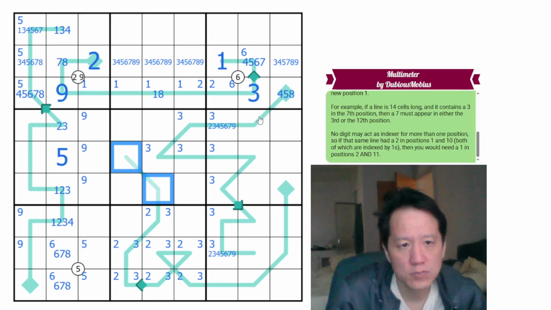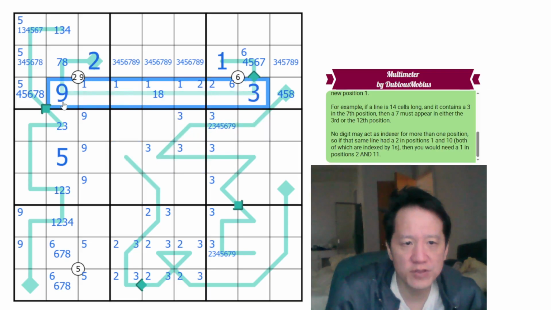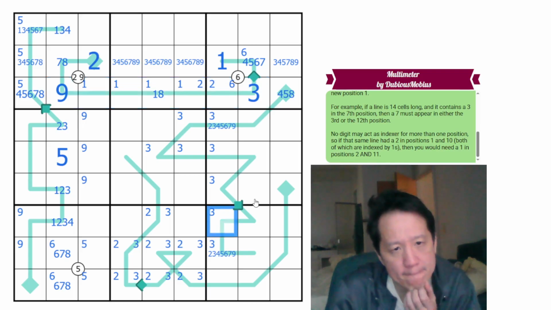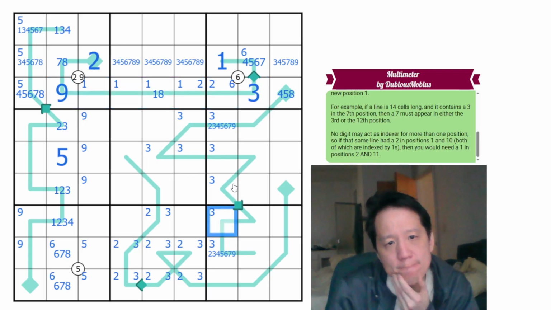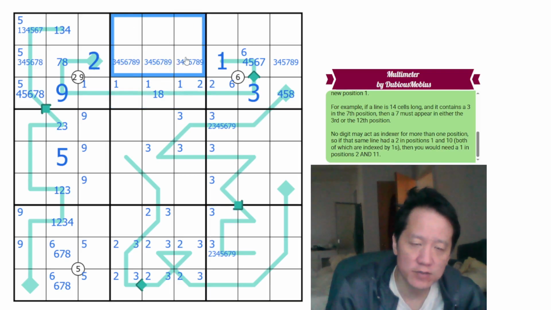So this has 1, 3. 3 cannot be here. 3 has to be one of these cells.